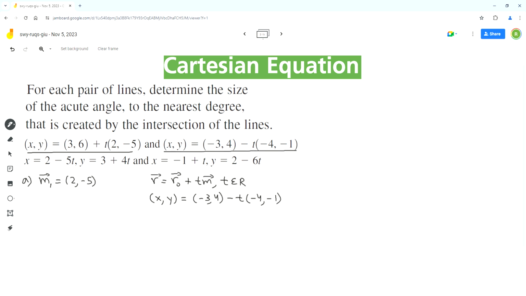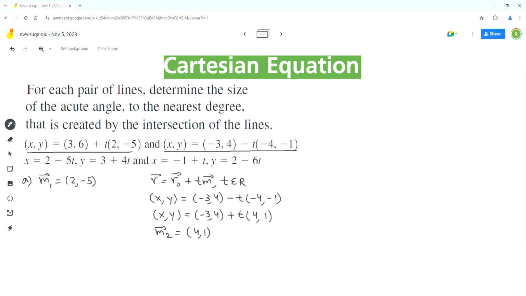So we'll multiply both components by a -1 and that will make the t positive. So -4 times -1 is +4 and -1 times -1 is +1. So the direction vector of this line is 4, 1.